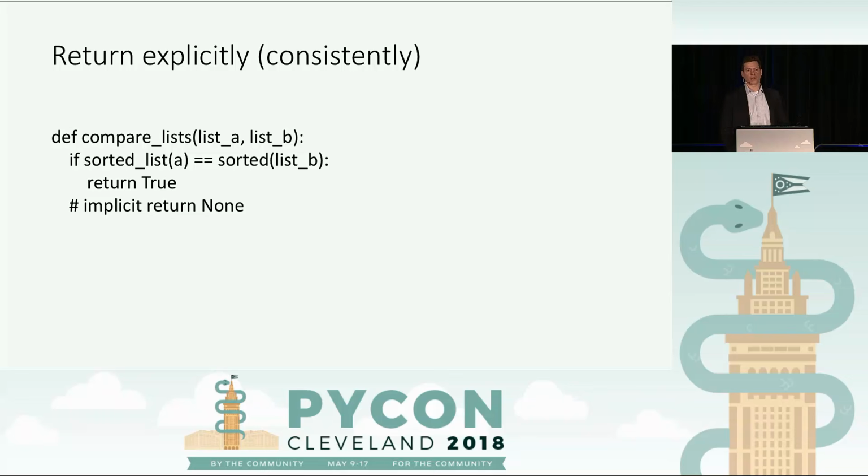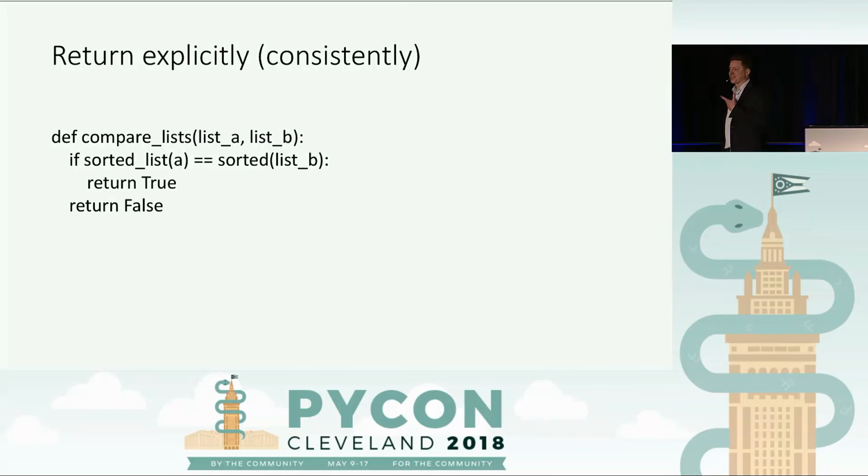It's not going to do the wrong thing. But when you're reading this as a code reviewer, you have to wonder if they did that intentionally or not. So if you're writing code, make it plain that you've thought about this and tell the reviewer that, yes, I know exactly what I'm doing. It either returns true or returns false. Much easier to read. No one has to doubt if you were half asleep.